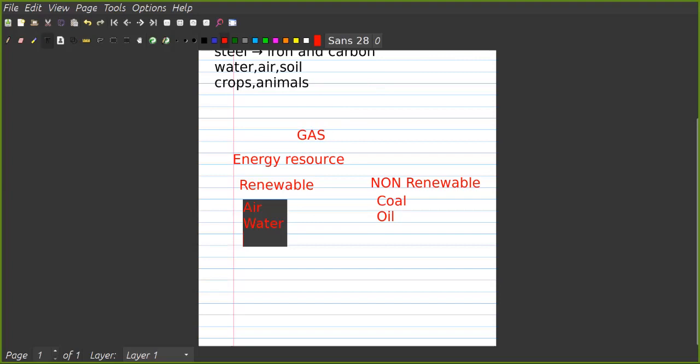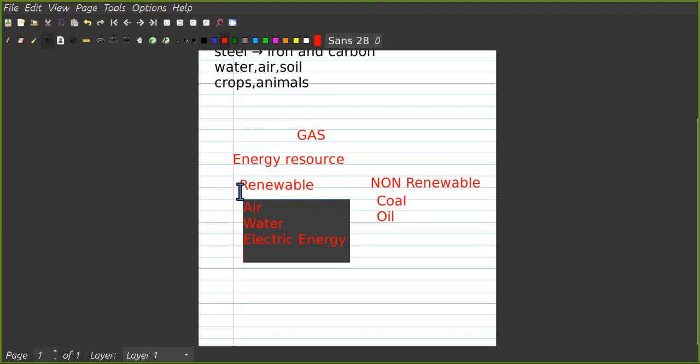We also have electric energy. For example, the water can store energy by potential energy because it's high up, and when it falls. So yeah, we have that.